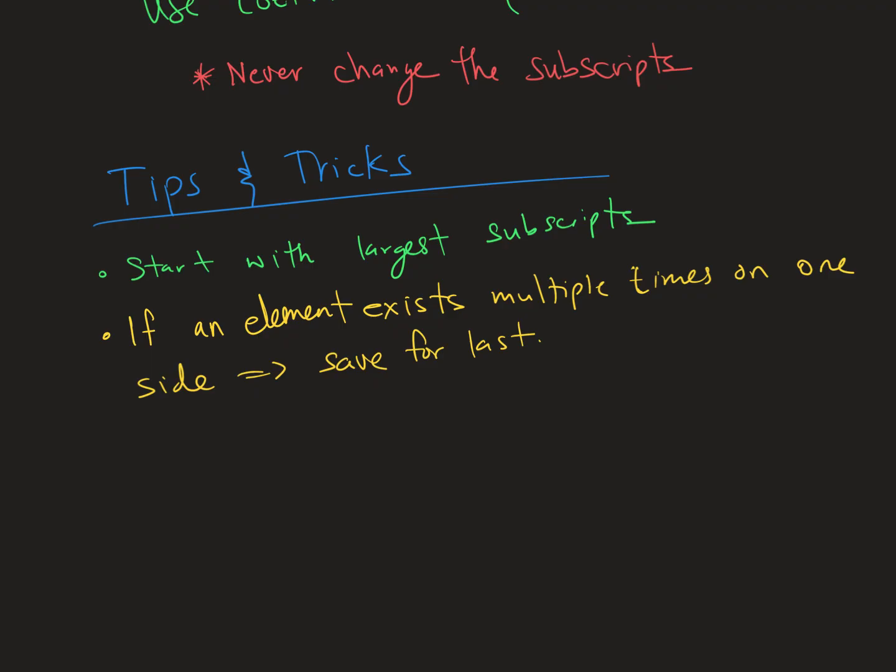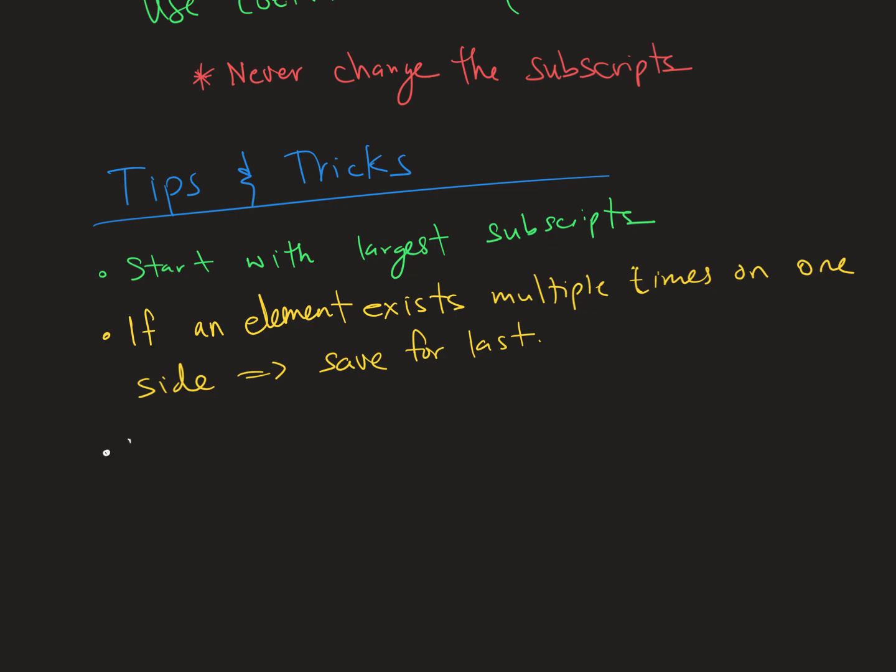And the reason is because if it's all over the place, we change it over here, then it's going to change it over there, and we're just going back and forth in a nonsense spot. So just save that for last.